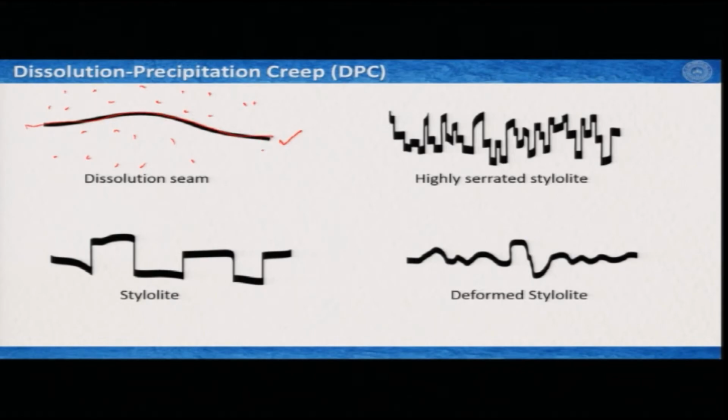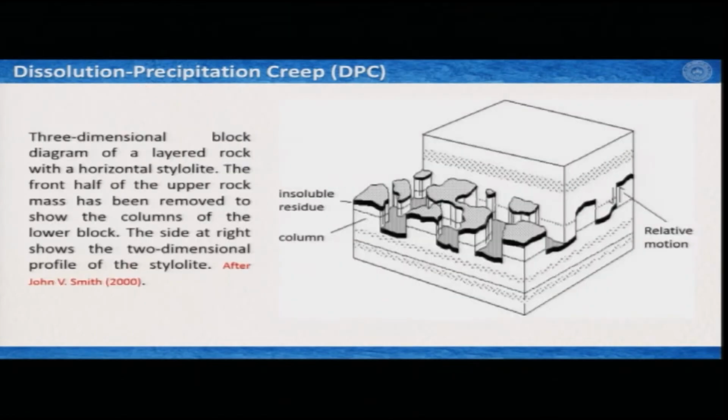And sometimes when you go to higher pressure, then this seam tries to slip along this line, and then it develops a structure, we call it stylolite, and if it can happen in a very dense way, we call it highly serrated stylolite, and this stylolite can also get deformed, and then we call it deformed stylolite. So, in 3 dimensions you can see the stylolites, they look like this.